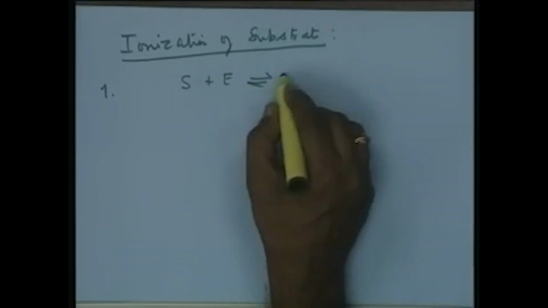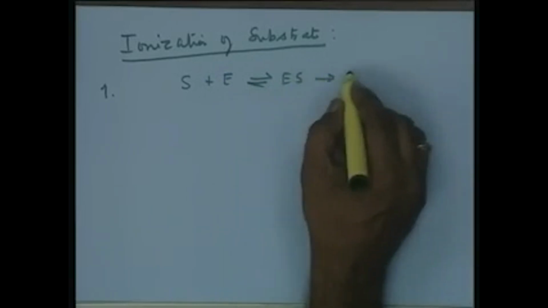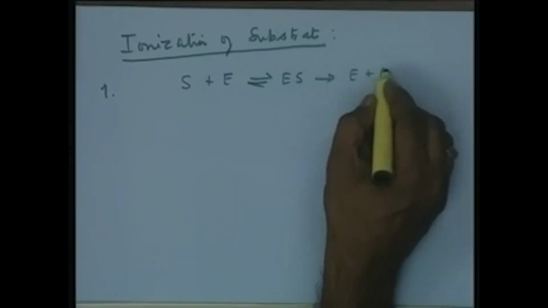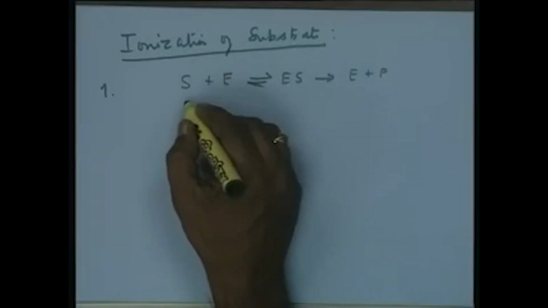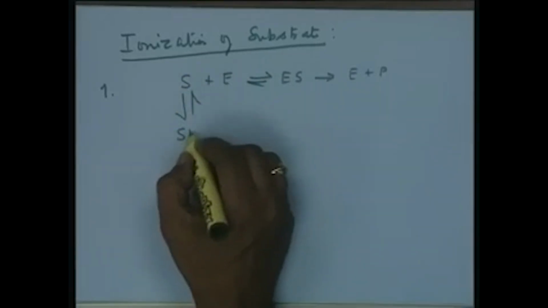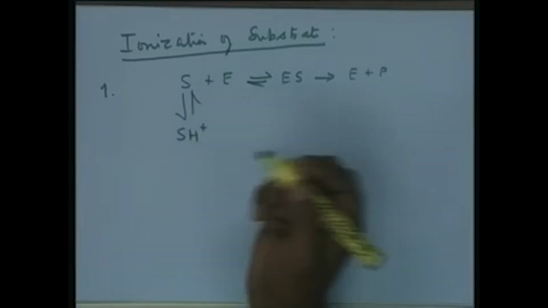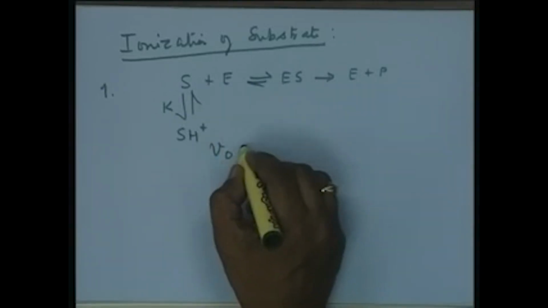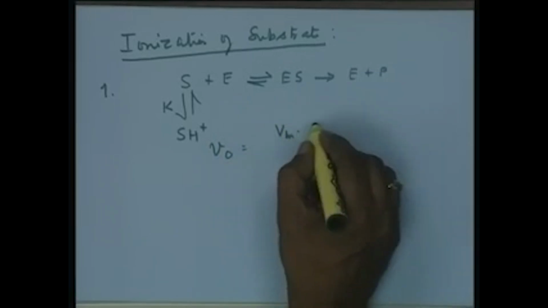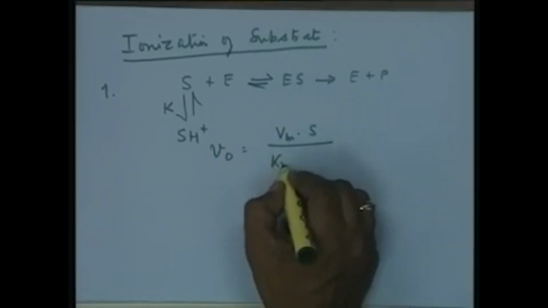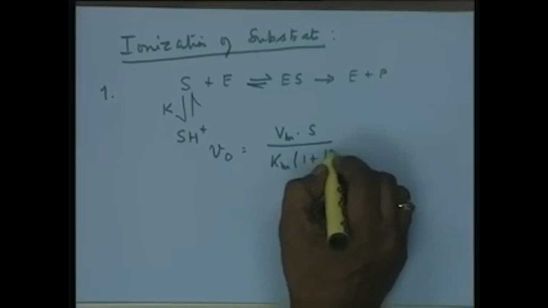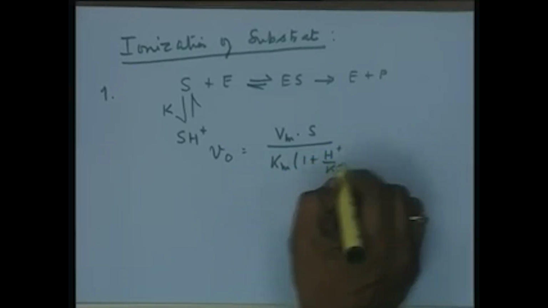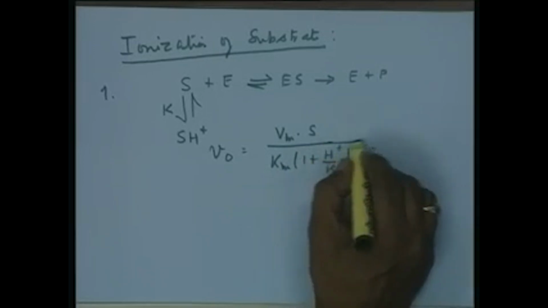Suppose we assume a simplistic case of the neutral substrate, but the substrate can ionize and give you a protonated form, with ionization constant K, assuming only one ionizable group. Now, you can arrive at the rate expression for such a system as V = Vm S / (Km (1 + H/K) + S).